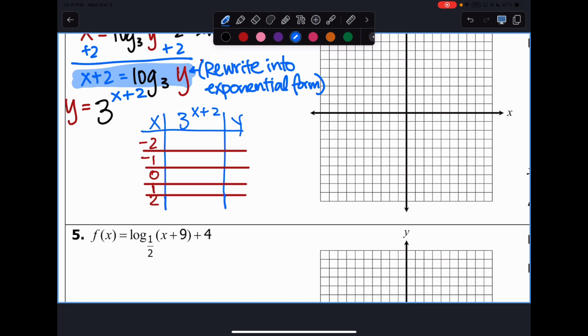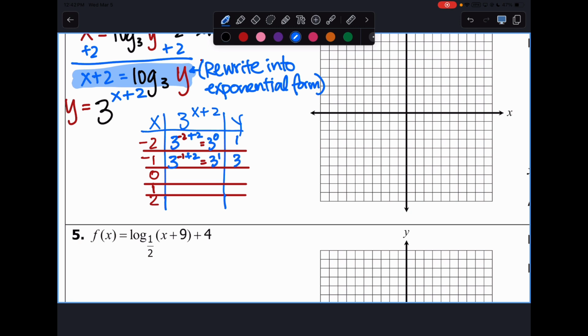Okay, -2, so 3 to the -2nd power plus 2 gives me 3 to the 0 power, so y equals 1. 3 to the -1st power plus 2 is 3 to the 1st, which is 3.